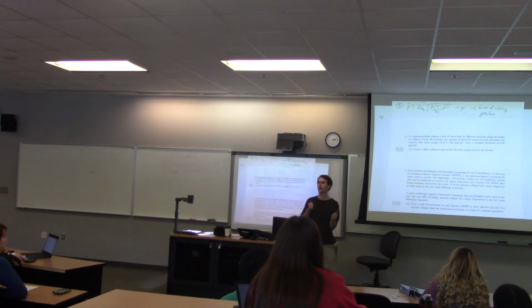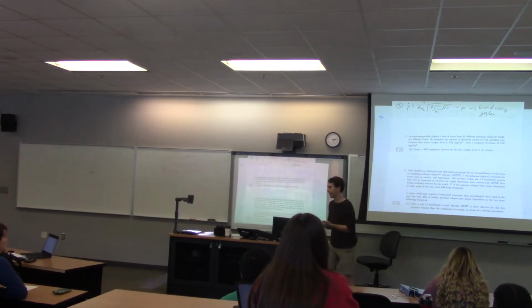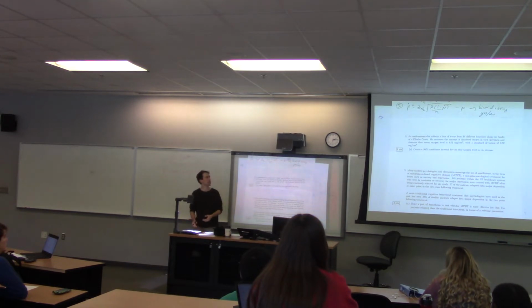So here, we're asking a yes-no question: did this patient relapse into major depression or not? That indicates we're talking about a proportion. We're interested in the fraction of patients that relapse. So that's the first thing you should identify: am I dealing with a mu or a p?